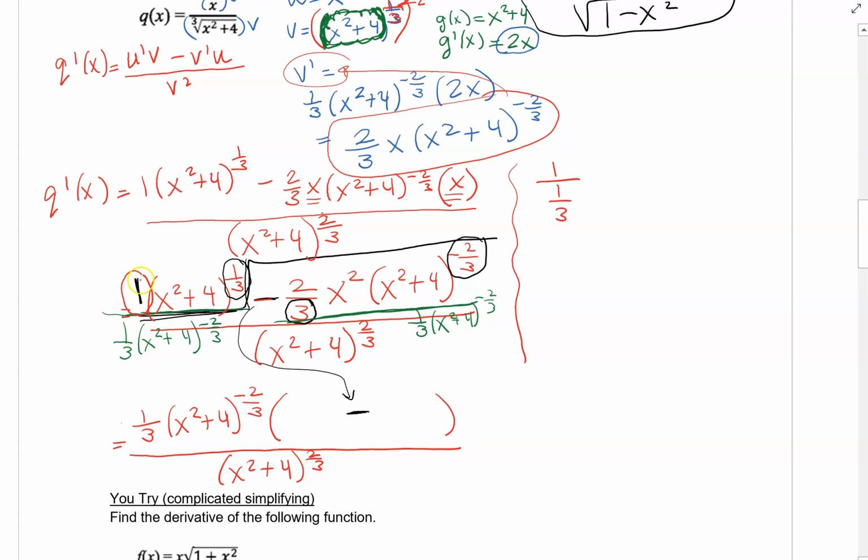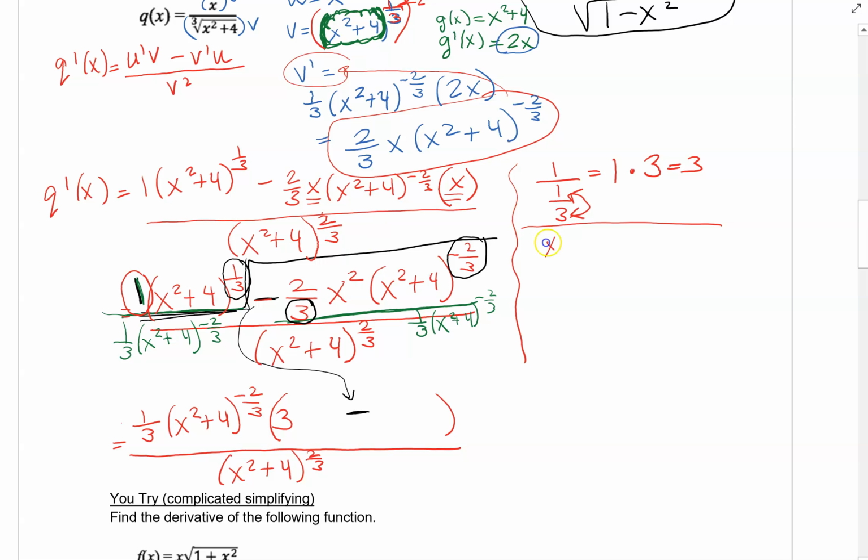So when I divide these, I'm dividing 1 divided by 1/3. And when I divide 1 by 1/3, I'm basically multiplying by the reciprocal of 1/3, which is 3. So from the 1, I get a 3 when I divide by 1/3.